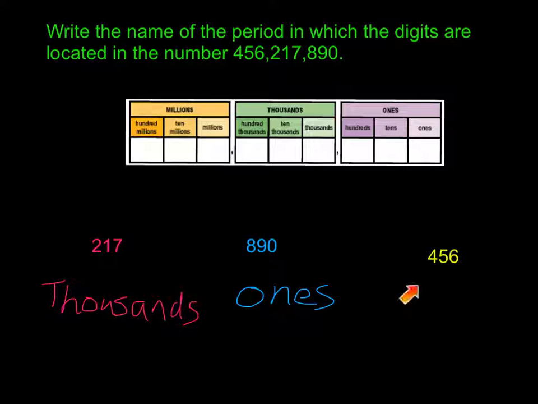And then we're going to look at our final digits, 456, and they are in our millions period up here, because their 6 is in the millions column. So we're going to write our millions period down below, M-I-L-L-I-O-N-S. It's our millions period, and that is how we decipher what period our specific digits fall in. And that is how we read and write numbers.